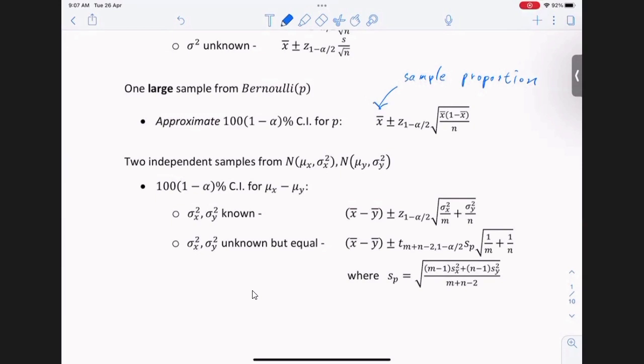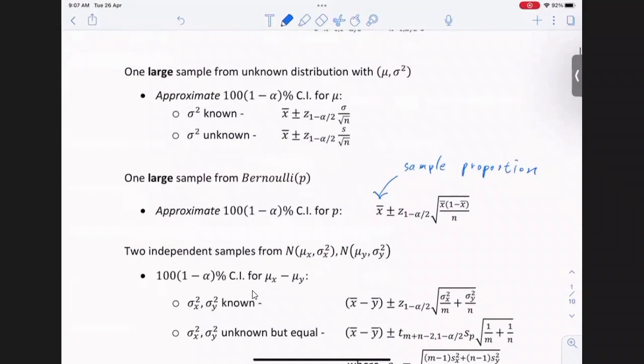So you can see for the population mean, population variance, or population proportion, the confidence interval takes a very nice and regular format. We usually have a quantity as a point estimate of the unknown parameter we want to estimate, plus minus a quantity with two components.